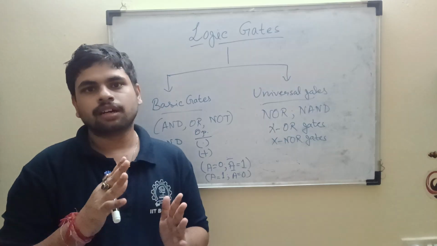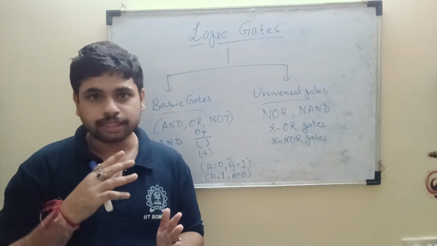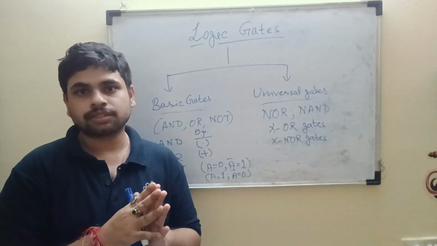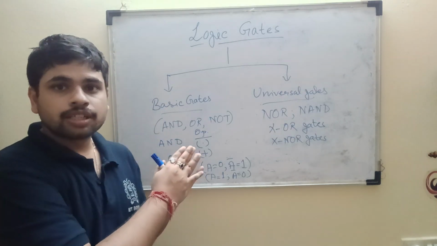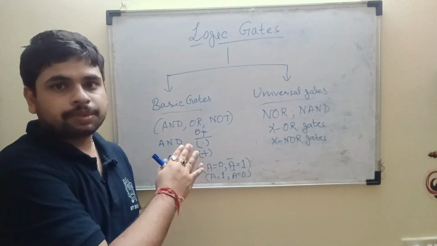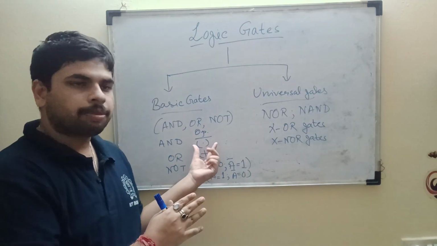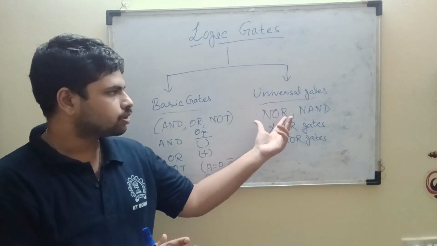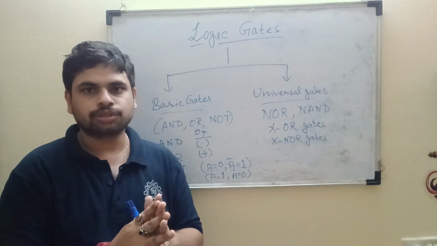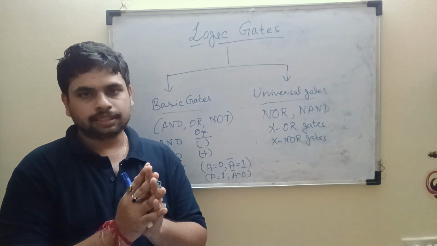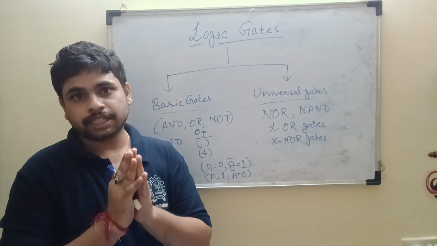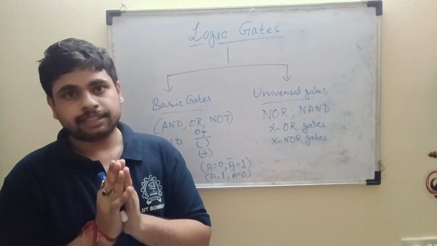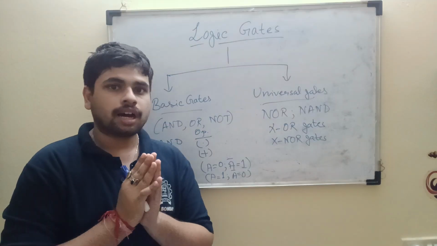The operation depends on the type of gate: the AND gate, OR gate, NOT gate, and the NOR and NAND gates operate on logical inputs, and then we get one logical output.